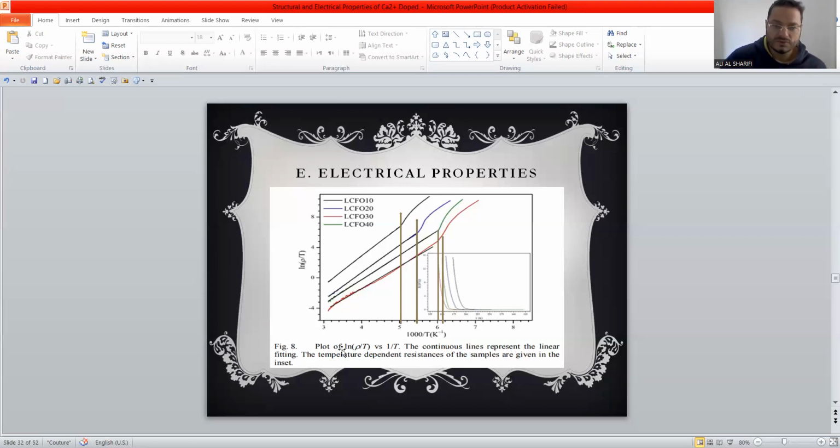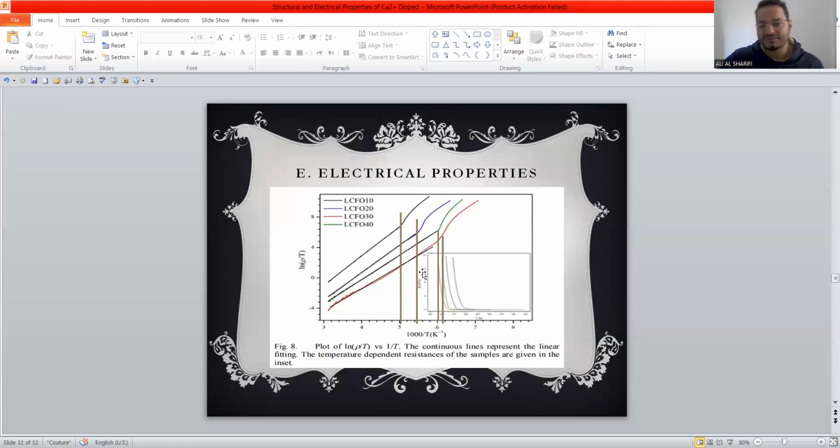Here, the plot between, like I said before, resistivity divided by temperature with the reverse of temperature. And here, these four colors explain the linear fitting to all of these. It changed a little bit from more than 3 until 6 or maybe less or more.